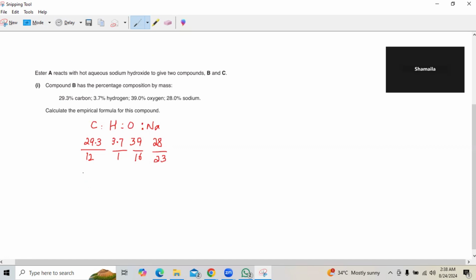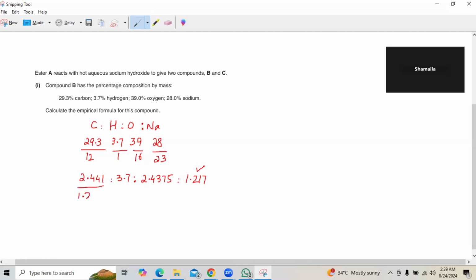Okay, so 29.3 divided by 12 is 2.441, and for this is 3.7, and for this is... Sir, for this it's 2.4375. 2.4375, and for this is... Sir, 1.217. So अब आप इसको डिवाइड करेंगे सबसे स्मॉलेस्ट से, so that is 1.217.